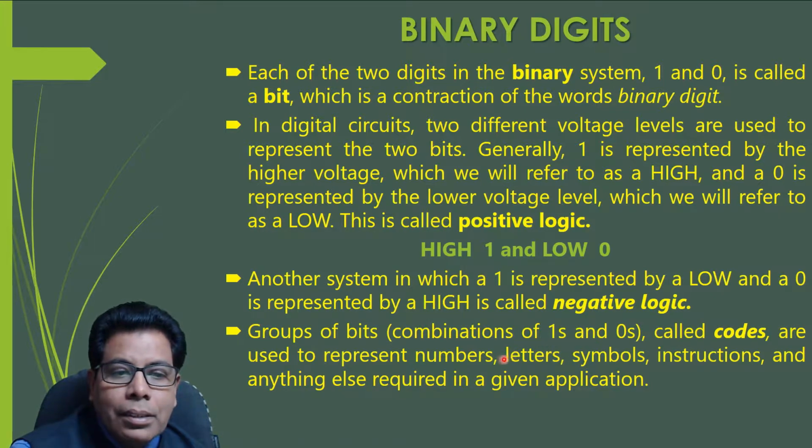For example, a letter A will be represented by 41 in ASCII. So that is what we call codes. Generally the numbers, letters, symbols, and instructions can all be represented with these codes, that is, groups of bits.